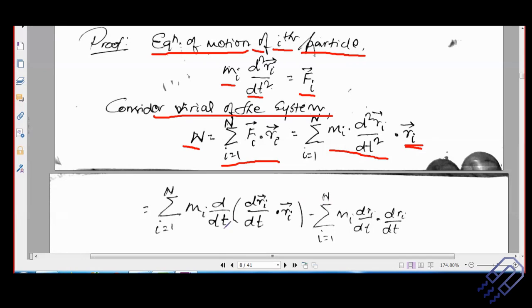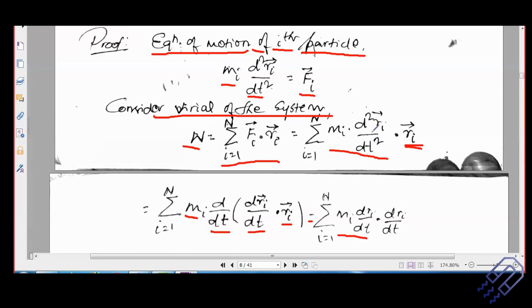But then here, this is written as mi d dt of dri dt dot ri, minus, and you have no idea where this minus comes from. Then mi is written, with this dri dt kept separate, and the other d dt multiplied with dri dt. Now where does this come from?